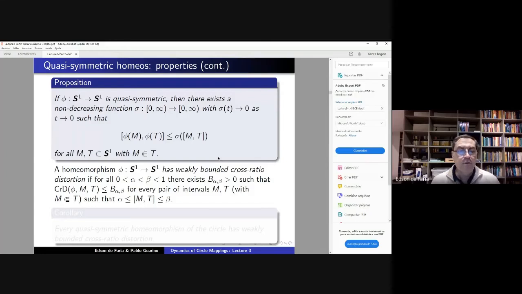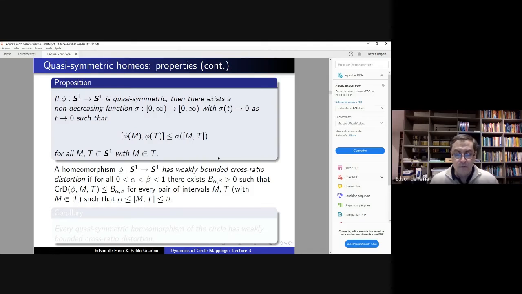Remember that these cross ratios that we're dealing with are always between 0 and 1. So suppose you take two numbers between 0 and 1, alpha and beta, with alpha less than beta, and you look only at pairs of intervals whose cross ratios lie between alpha and beta. Then on that set of cross ratios, the distortion is bounded.